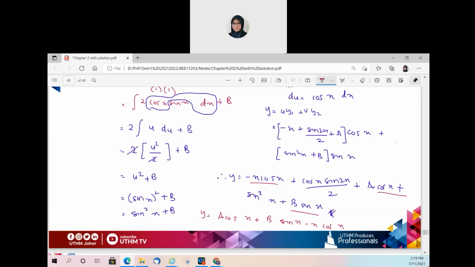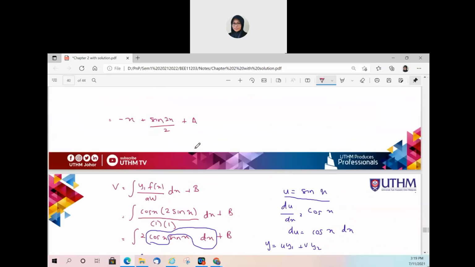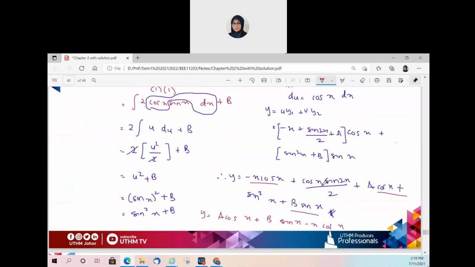We want this part, cos x sin 2x over 2 plus sin cos 3x. Okay, we want to get rid of it.